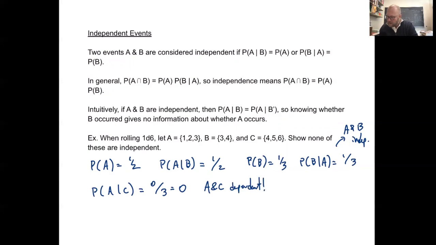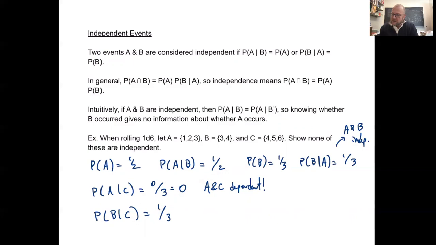Okay. Then, since we've also got the probability of B, let's get the probability of B given C. And when we look there, there's one thing in the intersection of those. And we're given C, so that's out of 3. So we ended up with 1/3. And we also know from looking before the probability of B is 1/3.